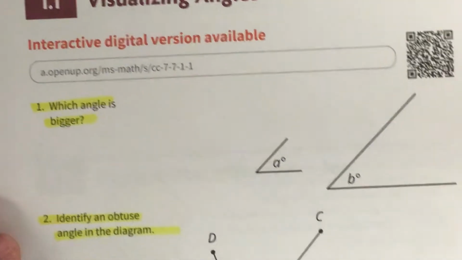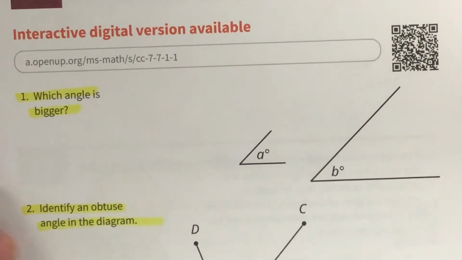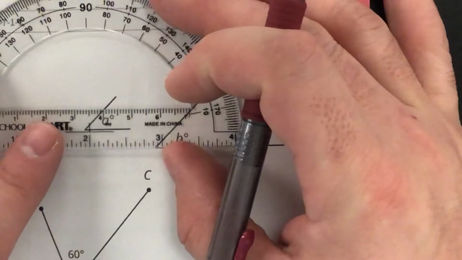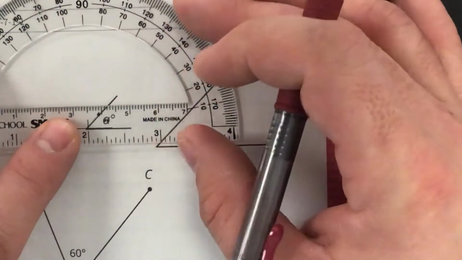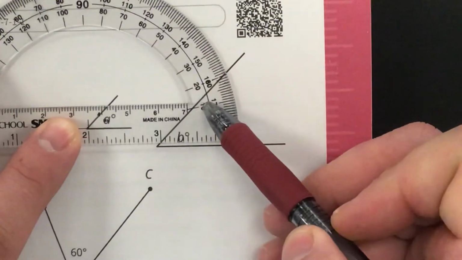All right, so let's take a look at the first set here. Which angle do you think is bigger? I think they're both equal. Both equal. You think they're both the same? A. Okay, again, we could measure it now with a protractor. And here's what's tough about these angles that they give you in the book. We would have to guess of where that hits here, right?